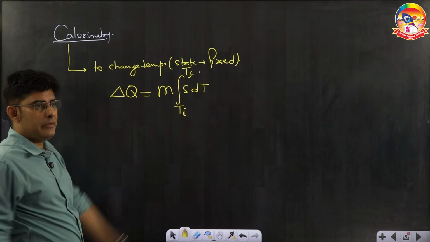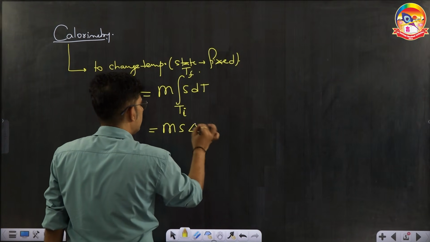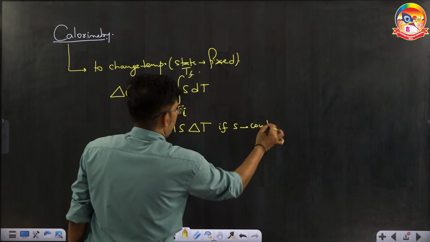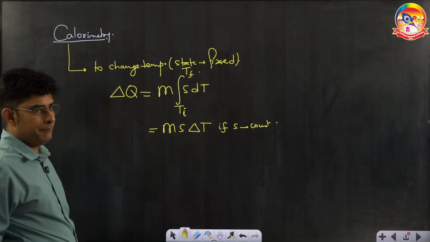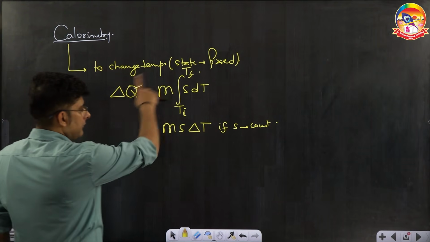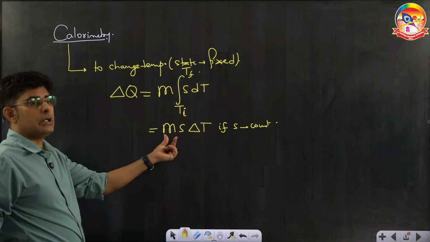S is called the specific heat capacity, and if S is constant, you can directly write it as ms delta T.